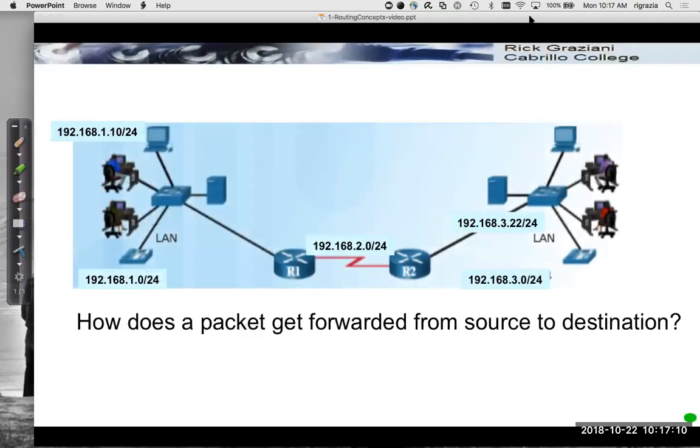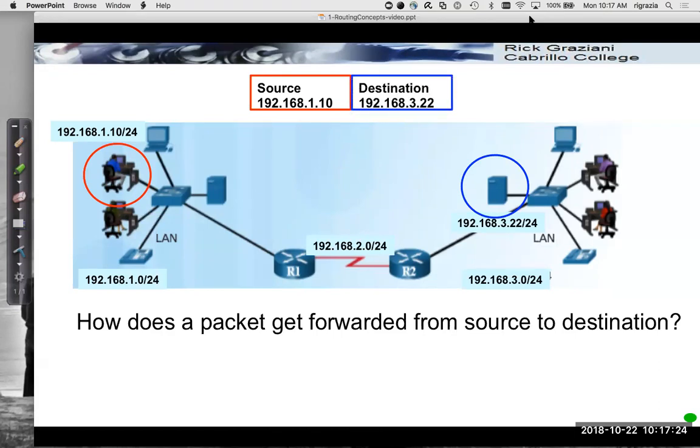So how does a packet get forwarded from source to destination? Here we have the source at 192.168.1.10, the source IPv4 address, and a destination IPv4 address of 192.168.3.2.